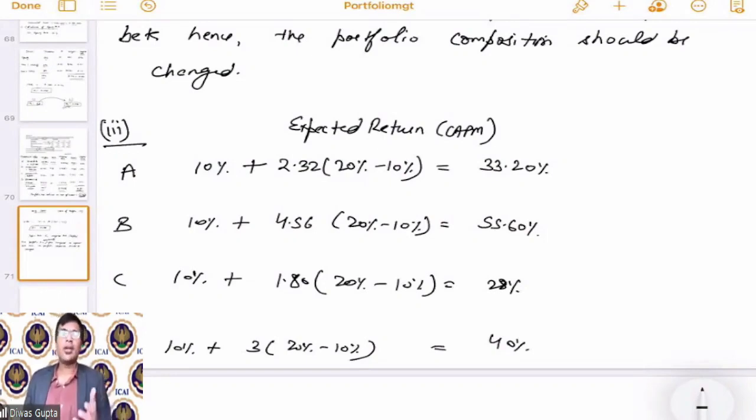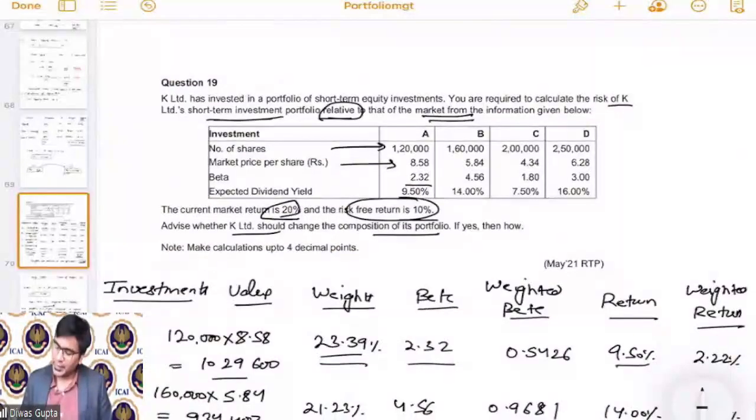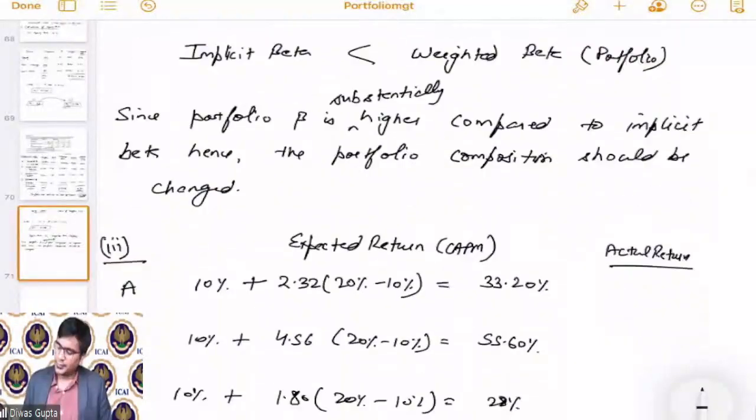Now we know the expected return on different securities. We also know the actual return. The actual return is also given to us in the question, right? That is, how much expected dividend yield is there. Okay.